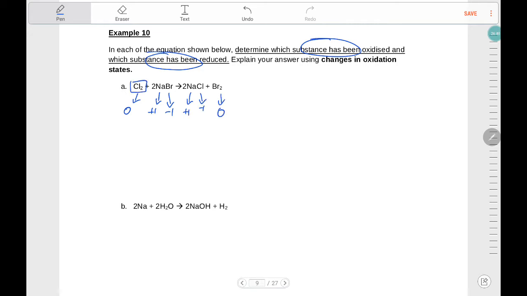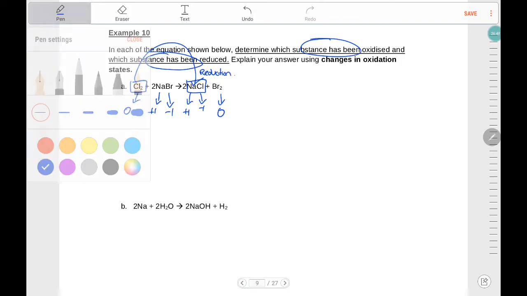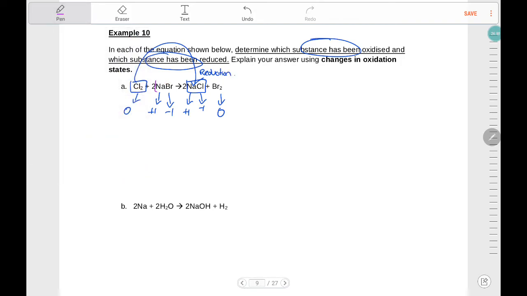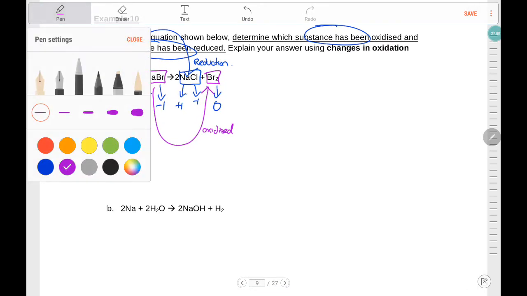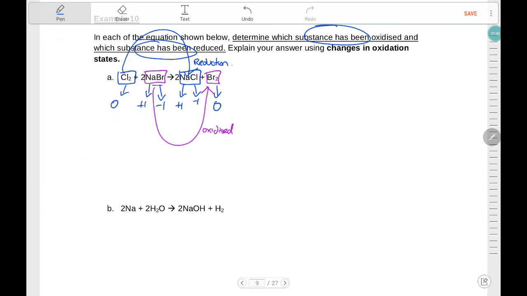So obviously chlorine has undergone reduction to form NaCl, while NaBr has been oxidized into Br2.